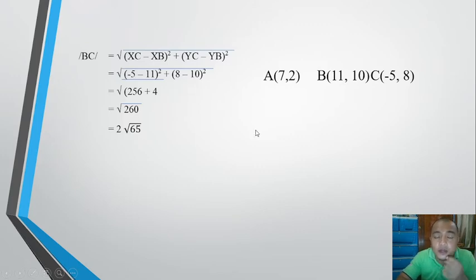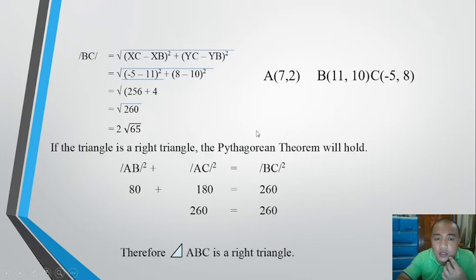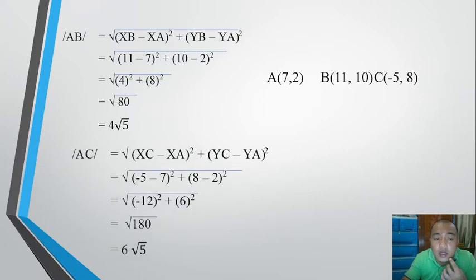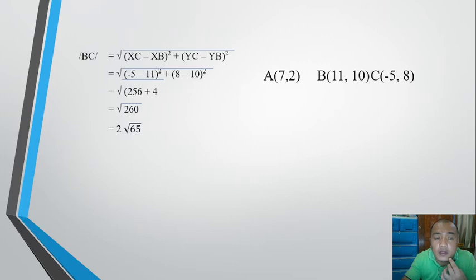So, after determining the length of the three sides of the triangle, by using the Pythagorean theorem, the sum of the squares of the legs of the right triangle is equal to the square of the hypotenuse. So, if we try to square, AB is square root of 80, AC is square root of 180, and BC is square root of 260.